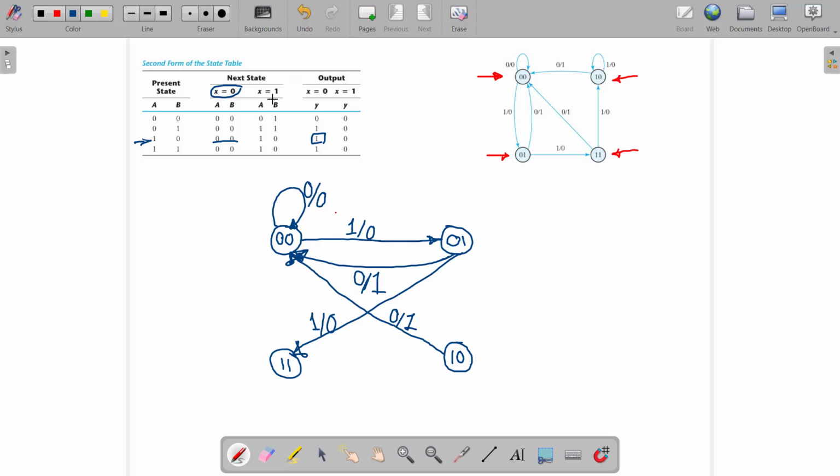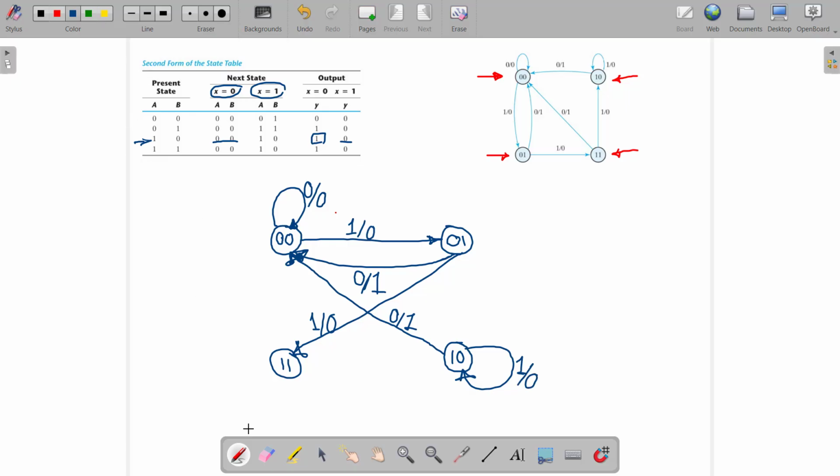Now 1 0, x is 1. The output is 0, and the next state is 1 0. Again, it comes back to itself. So 1 slash 0.